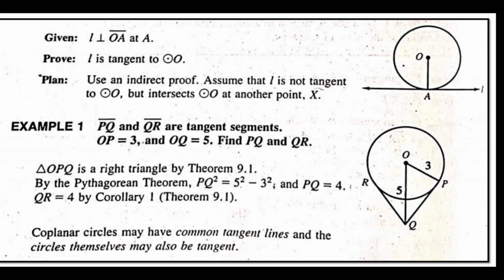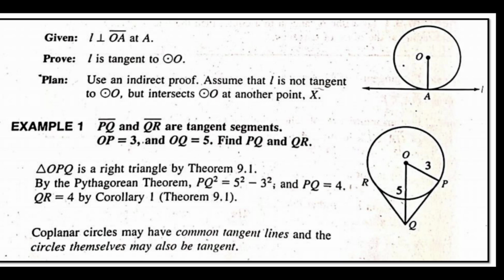So for example, please look at the figure: segment PQ and segment QR are tangent segments. Segment OP is equal to 3 and OQ is equal to 5.